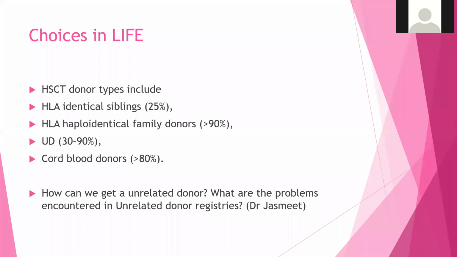There are some which would just do ABDR at low resolution and will move on to higher resolution, which is what NMDP, the American registry, would do. They would then go out and do a high resolution, which further delays the time frame required to get the harvest from those registries. The other important factor that registries face is donor attrition.